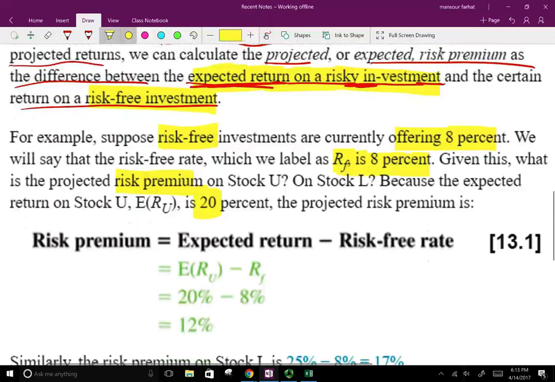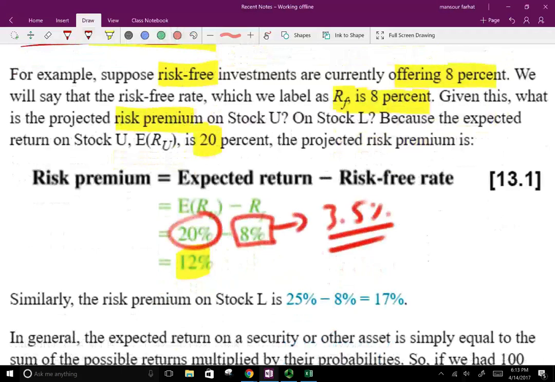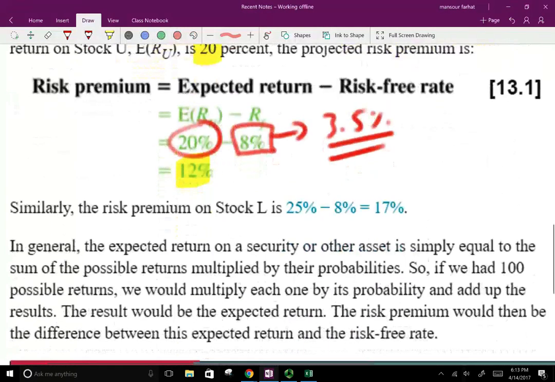So stock Q is earning 12% above the risk-free rate. The risk-free rate we're assuming here is 8%, which is pretty high. Remember, it was 3.5 in the prior chapter. We're assuming it's 8, and the expected is 20. So the expected return minus the risk-free rate will give us the risk premium. And we can do the same thing for stock L. Stock L is expected to earn 25%. Take out the risk-free rate, which is 8%.